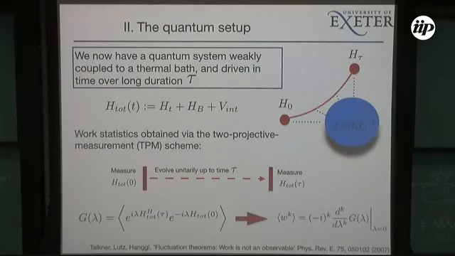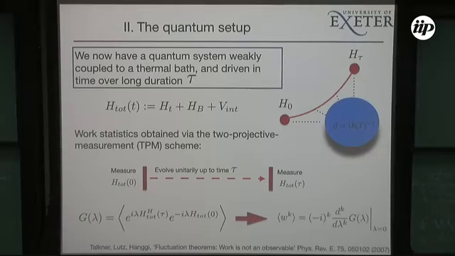So in the quantum setup, remember we're working with slow processes, so the total time will always be really large. We have some total Hamiltonian where we're only driving the system degrees of freedom, and we have a bath with some very weak interaction. The way we're defining work here is from the two projective measurement scheme.